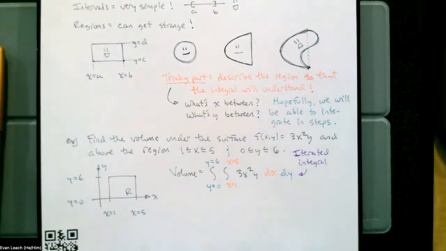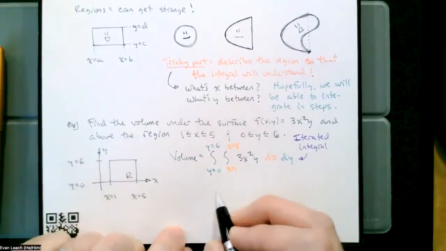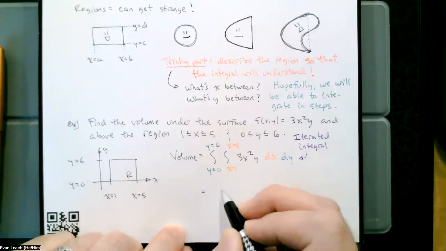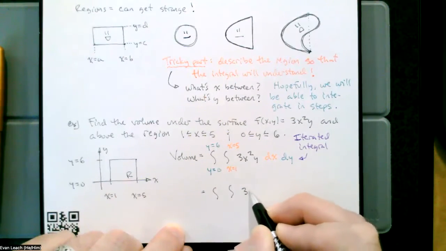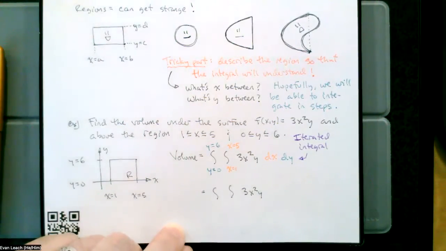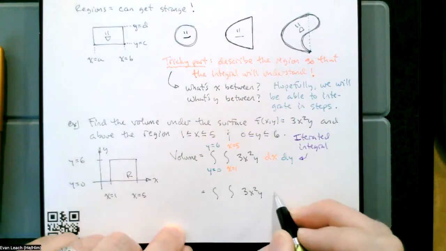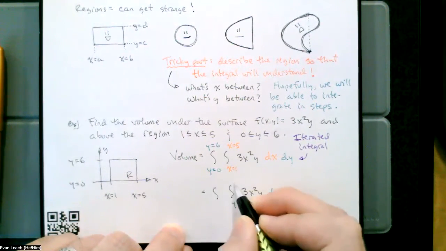Let's find out. What if we didn't look at it this way? What if we said, no, the dy should go first? What would that integral look like? So we'll still need two integrals. Our function is still 3x squared times y. Well, let's suppose that we didn't think dx dy. We're like, oh, nope, dy, then dx. What is y between?